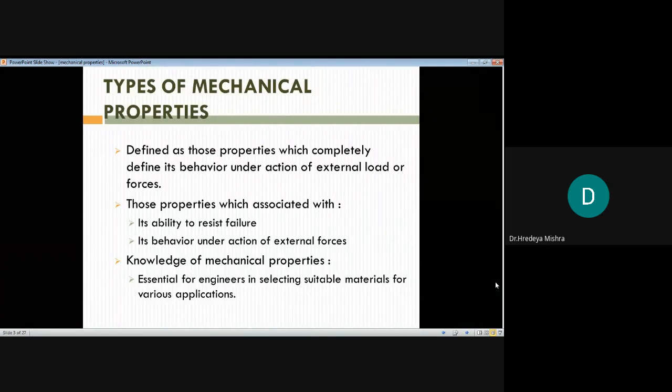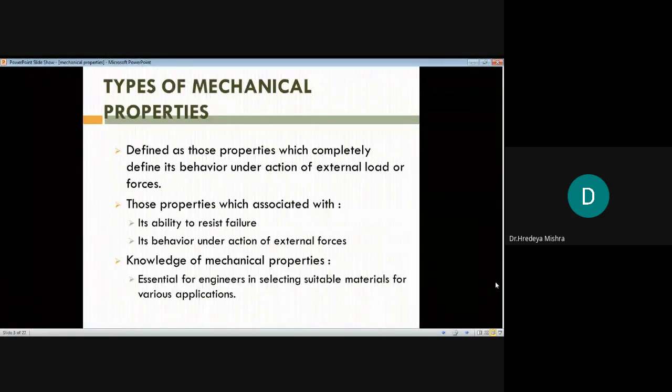Okay, so a product which is fractured or broken down doesn't mean it has failed. Failure means that whatever application the equipment or product was made for, if it is not performing that application, it means it has failed.